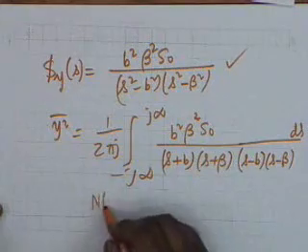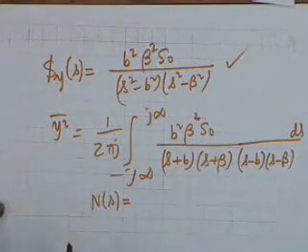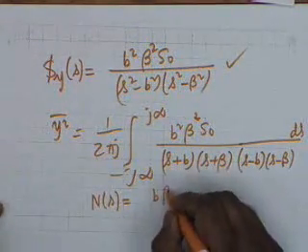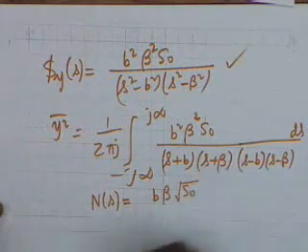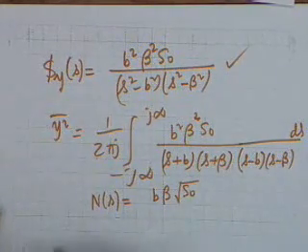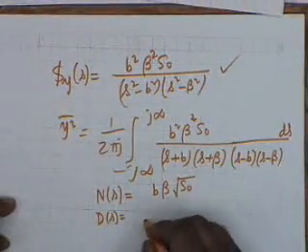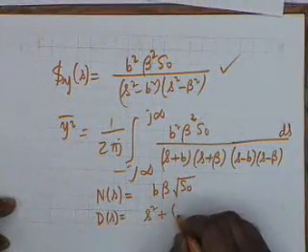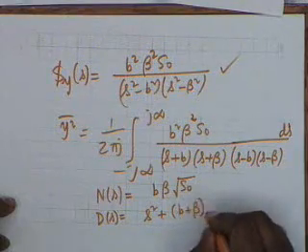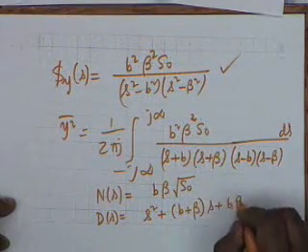Can you tell me what is n of s? B beta square root of S naught. All right, and d of s? s squared plus (b plus beta)s plus b beta.